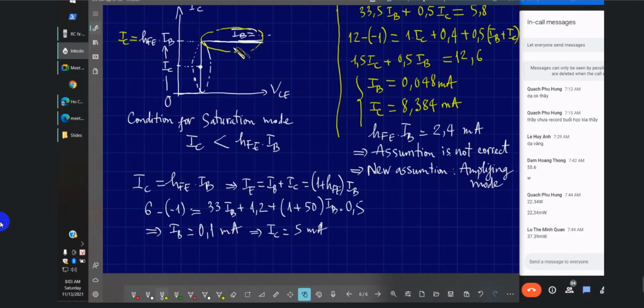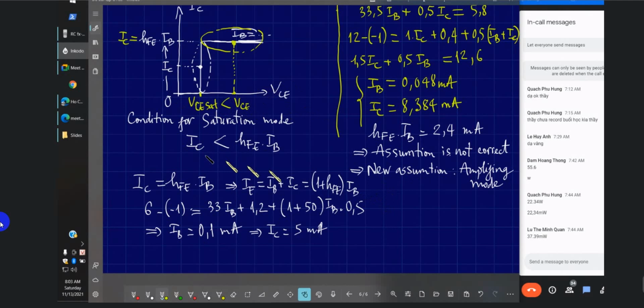But for the VCE, you take one point here and refer to the VCE axis. Moving forward and backward, you will see the limitation would be the minimum, which is VCE saturation. So VCE here would be greater than VCE saturation.